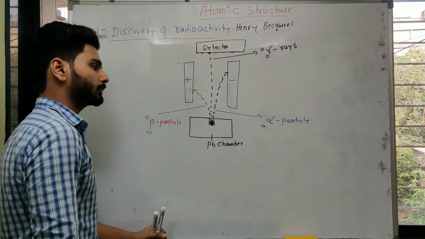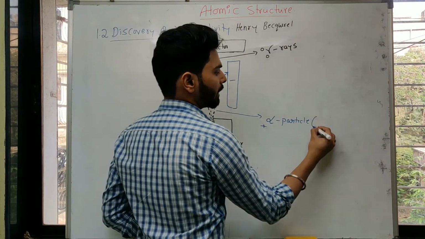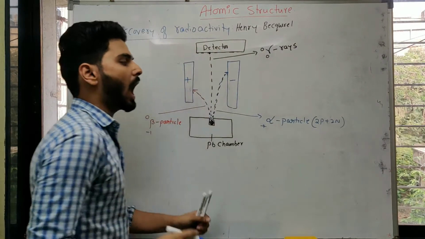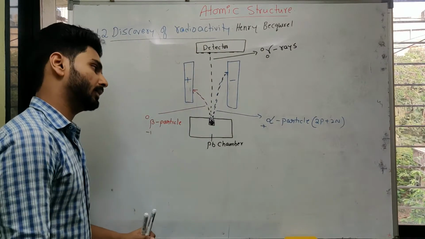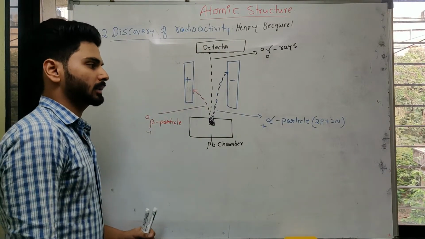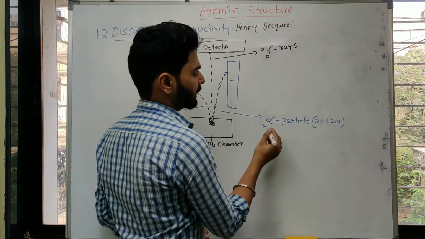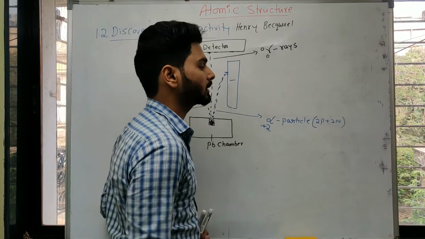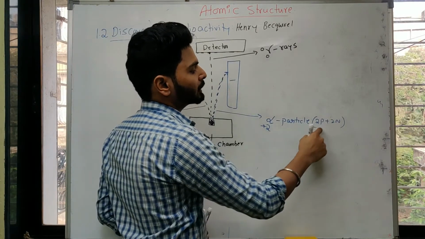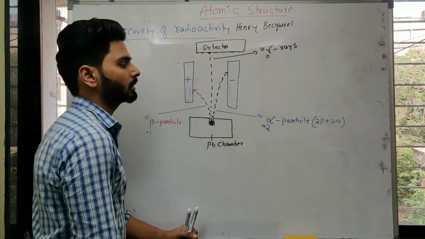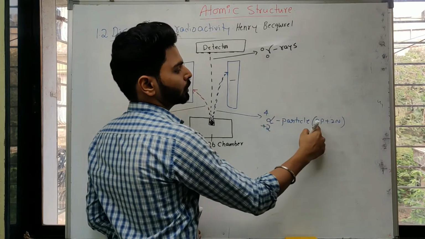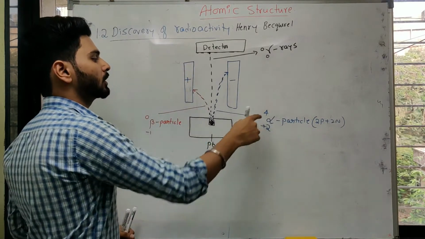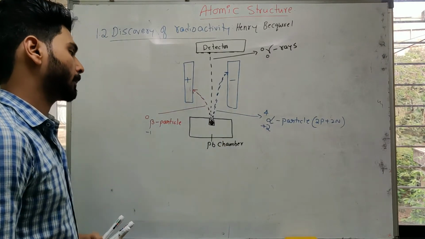It was later understood that alpha particles are nothing but 2 protons and 2 neutrons collectively coming out of radioactive elements. When I say 2 protons, they must have 2 positive charge, because neutrons have no charge. But mass wise we have to count both. 2 protons have 2 AMU mass, 2 neutrons have 2 AMU mass, so collectively 4 AMU mass.